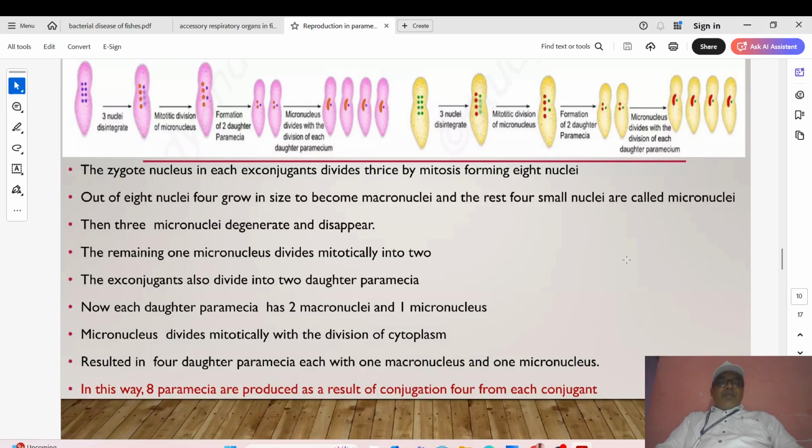Each daughter Paramecium, whether from conjugant A or conjugant B, has an oral groove and contractile vacuoles, and a large kidney-shaped macronucleus and a micronucleus. Thus, in this manner, a total of 8 daughter Paramecia are produced as the result of conjugation.